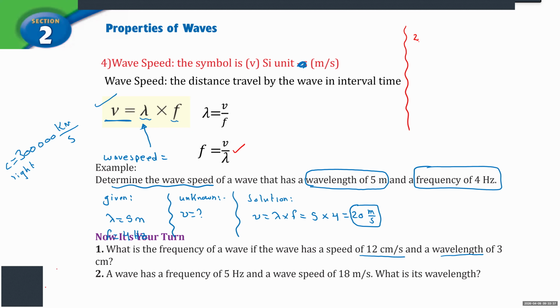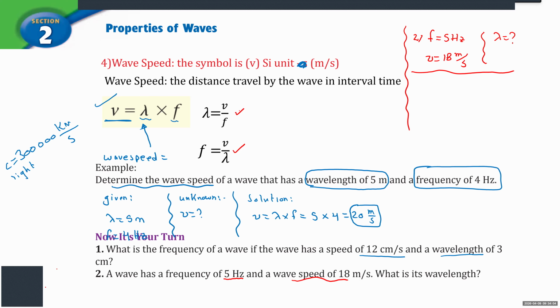Question 2. A wave has frequency of 5 hertz. The frequency equal to 5 hertz. And wave speed is 18 meter per second. What is its wavelength? Wavelength equal to what?